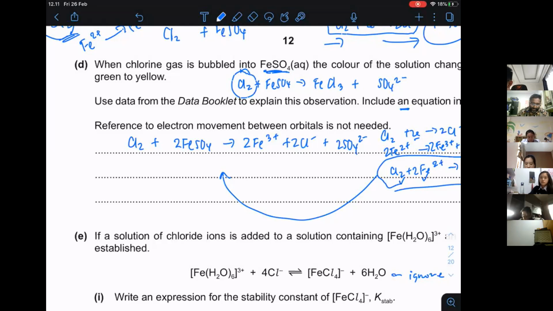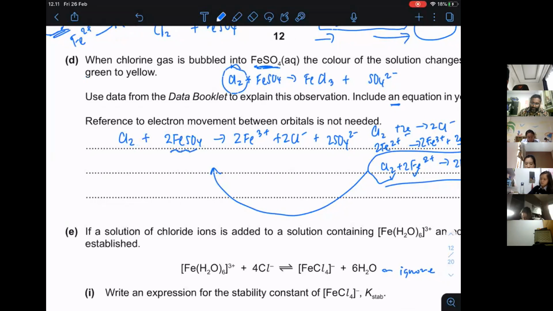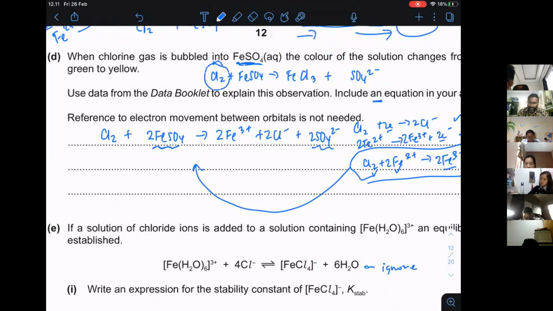So even if I write it down like this, I have the 2 SO4 here. Later, I will remove the spectator ion. So I will eventually get Cl2 plus 2 Fe2 plus to give me 2 Fe3 plus and 2 Cl minus. I think eventually I will also write it in this way.